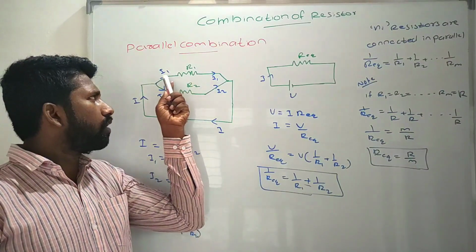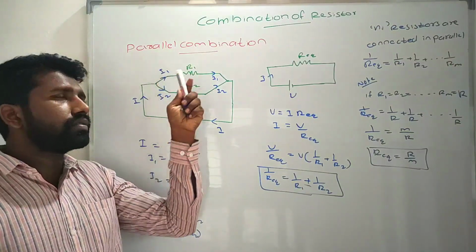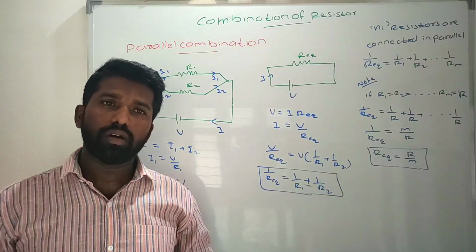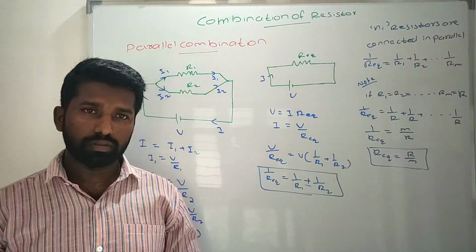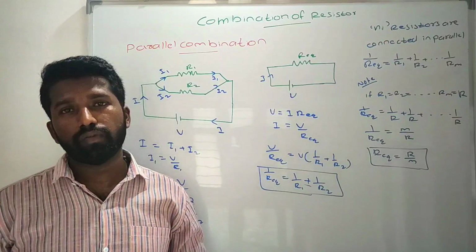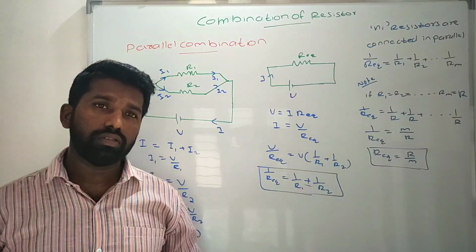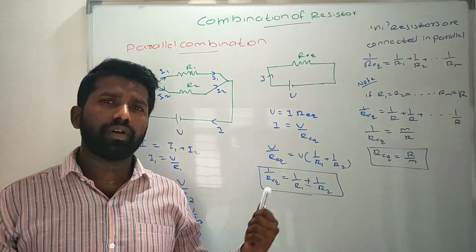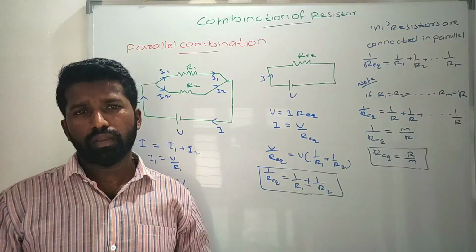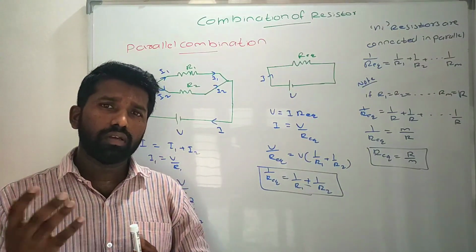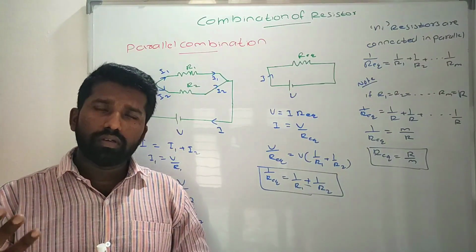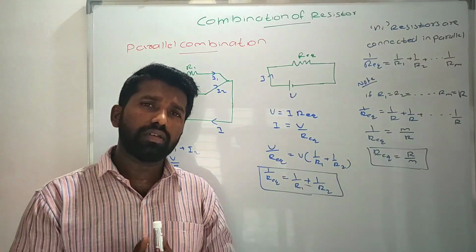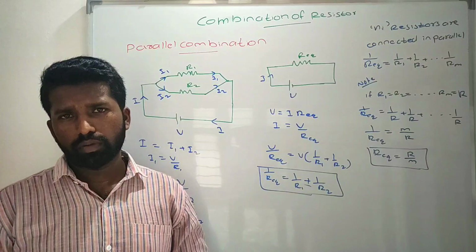If any one of the resistors is damaged, it will not affect the working of the other devices. But in series it is entirely different. The voltage across each device would be different, and we cannot manufacture devices like that. I think you have seen that any fan or anything you buy has 230 volt written on it, for all devices.